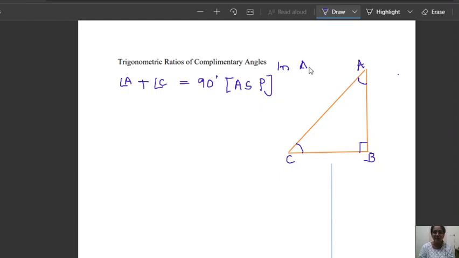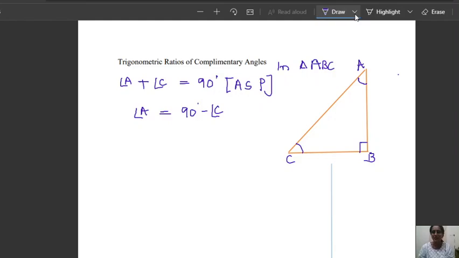In triangle ABC, angle A plus angle C equals 90 degree because of angle sum property. So angle A equals, straight away we can write, 90 degree minus angle C. So angle A and angle C are complementary angles.